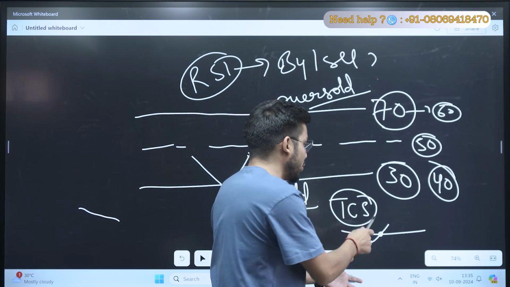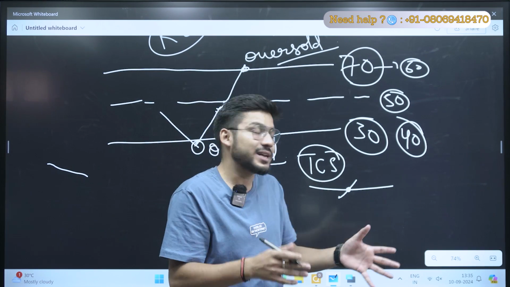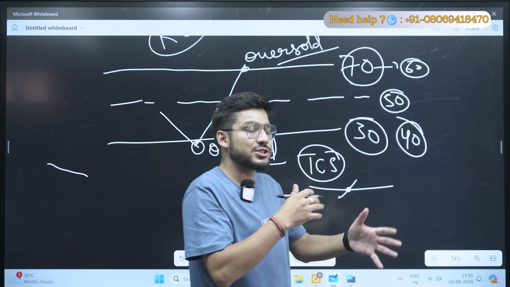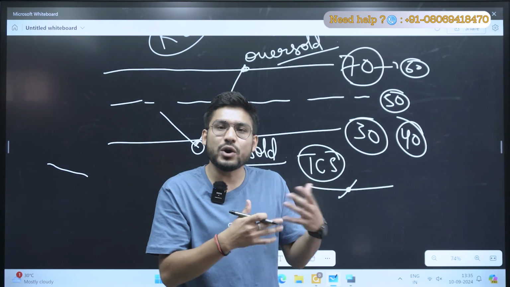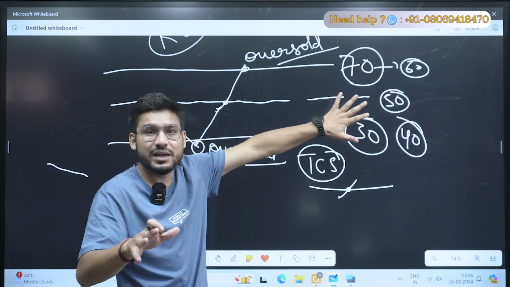So it will show you the TCS performance on the basis of the Nifty index. This is how the RSI works. It will tell you if the stock is strong enough to trade or not. So I guess the RSI concept will be cleared, right?